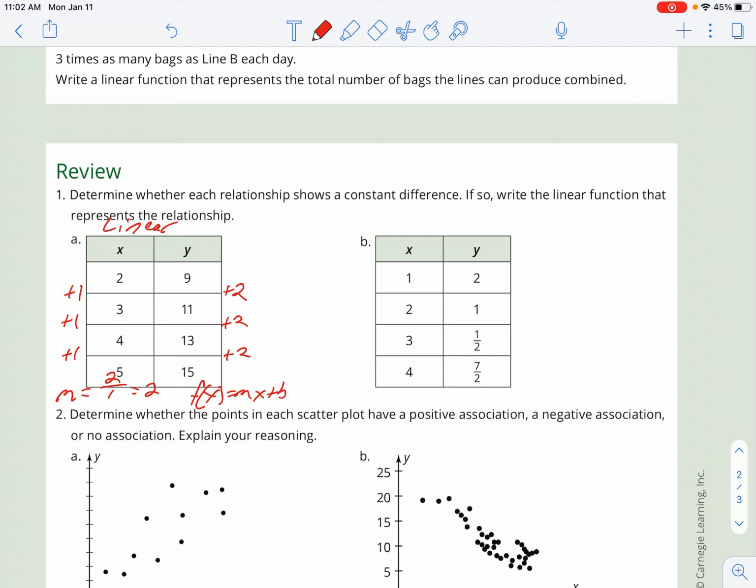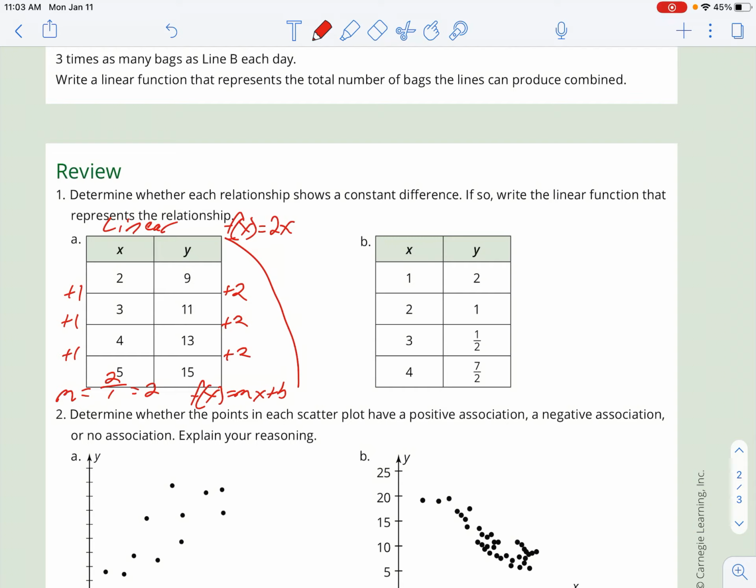I calculated the slope as 2, as we've been doing. I don't have a lot of room here, so I'm going to just move it up top. Now, the y-intercept on this one, I unfortunately do not have very easily. I want to see when x is 0, but I don't have that. So what I want to do is work this backwards and add that into my table. I'm changing by 2 from each one to the next.